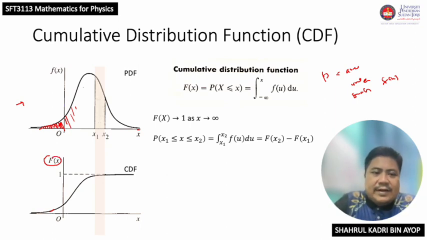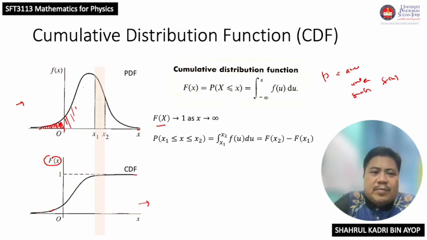So this corresponds to the value here. The probability starts from 0 and accumulates for each x value until it reaches 1. From here we can see that F(x) is almost equal to 1 as x equals infinity.